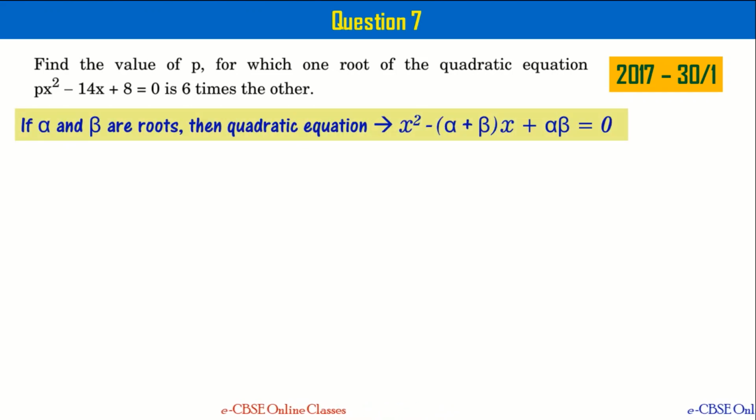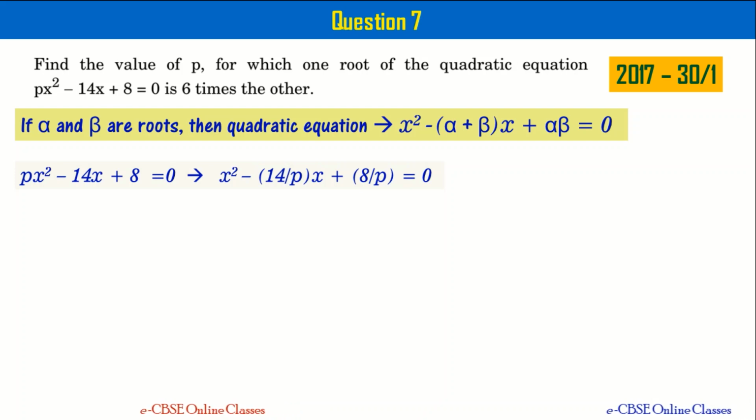You may recall that if alpha and beta are the roots of a given quadratic equation, then the quadratic equation is going to be x square minus alpha plus beta times x plus alpha beta equal to 0. The coefficient of x is negative of sum of the roots and constant is product of the roots, right?